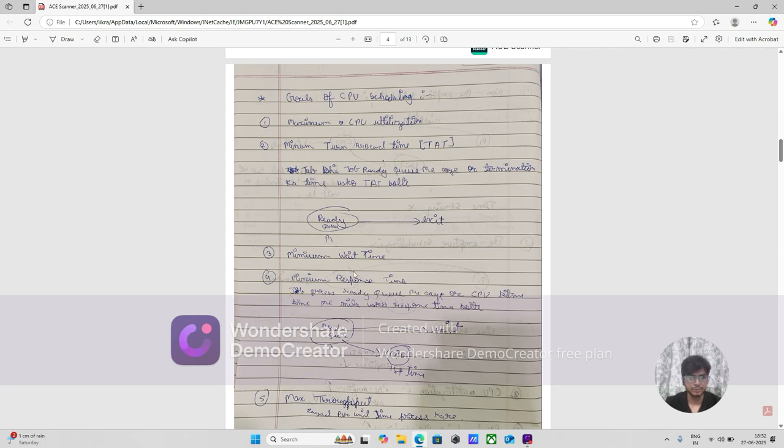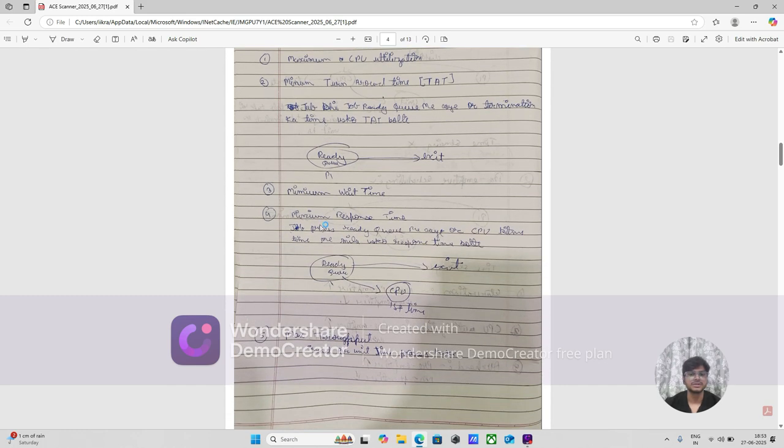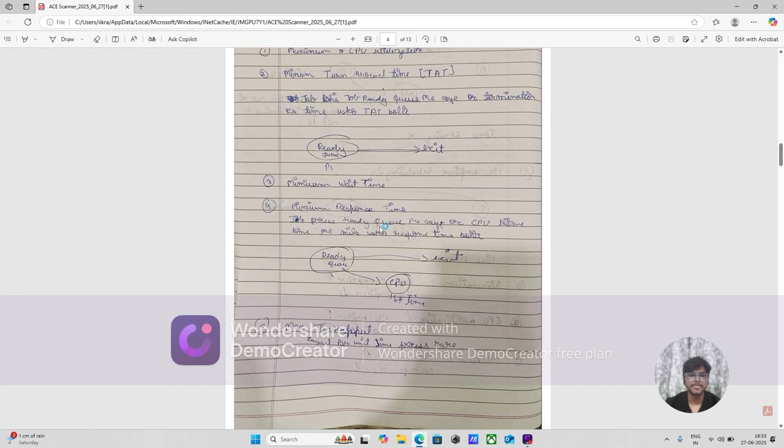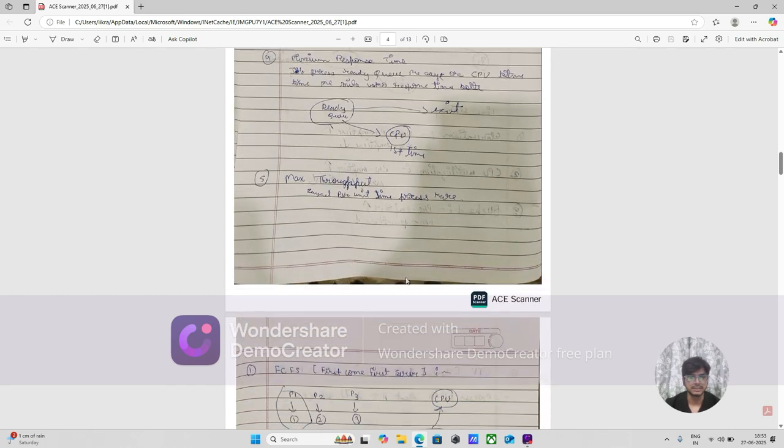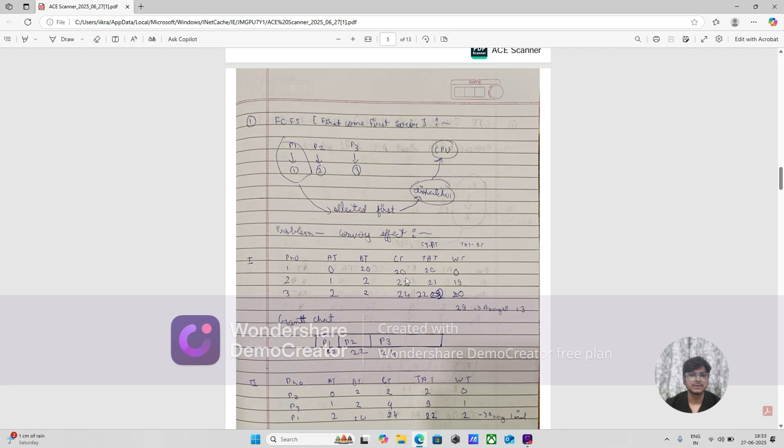That will be a good CPU scheduling. And the maximum throughput, meaning the more processes completed per unit time, like how many processes per second. That is what it is saying.